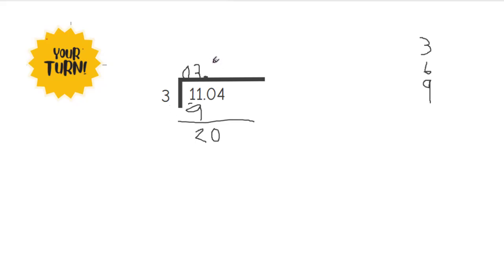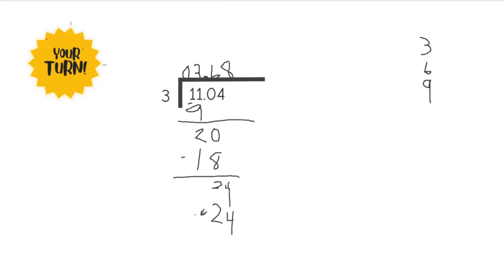I went too high. How about a 6? 3 times 6 is 18. Right away I thought of 7 because that was close to 21, but that was too high. So now I have a 2, and I'm going to bring that 4 down, and I have 24. And 3 times 8 is 24.